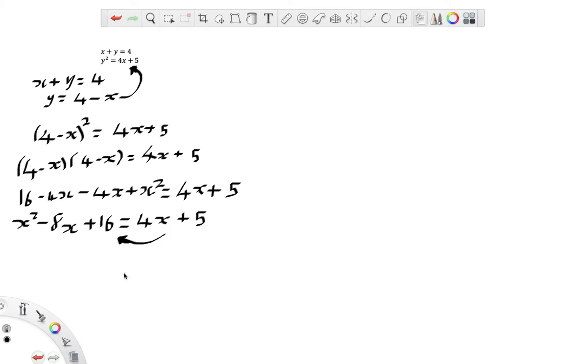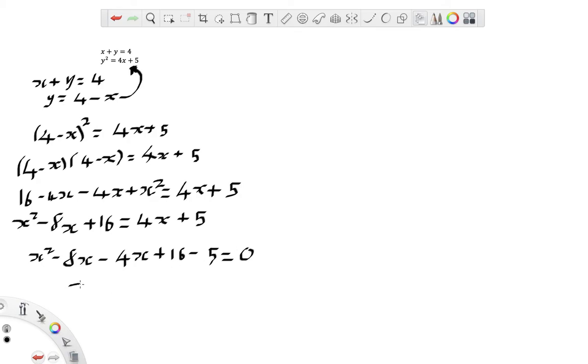If you've got positive x squared, keep it where it is. If not, obviously move the x squared if it's negative. So doing that, I'll get x squared minus 8x, and then I'm taking 4x away, plus 16, and then I've got positive 5x on the right hand side, so if I move it to the left, obviously it becomes negative. And that's all equal to 0.